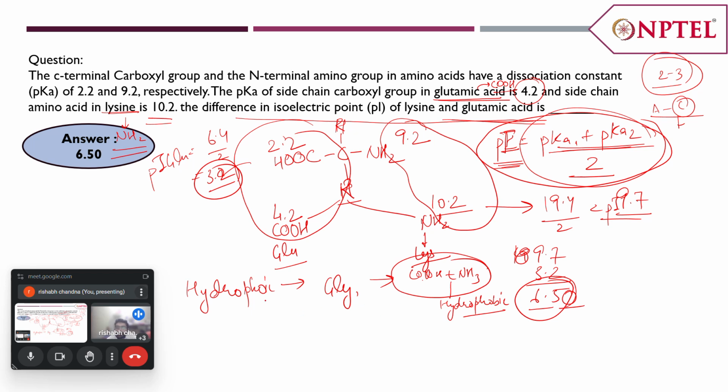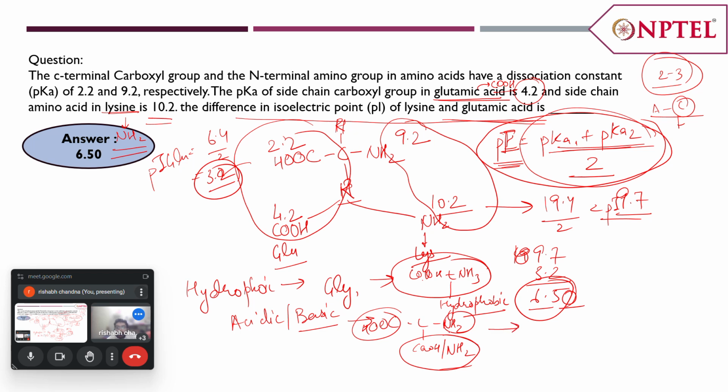But in the case of acidic or basic amino acids, we have three pK values, that is for the COOH group, the amino group, and the side chain that can be COOH or the amino group. So this would have one pK value and these two pK values. How will we take the average in that case?